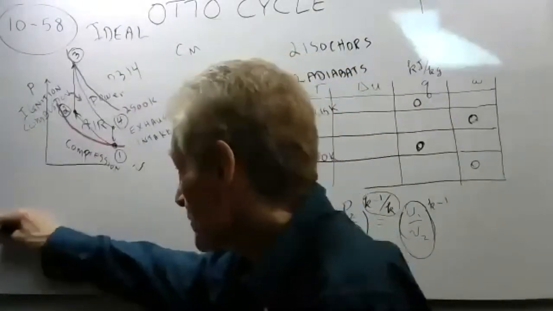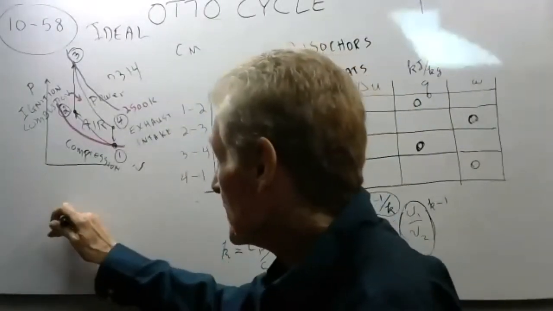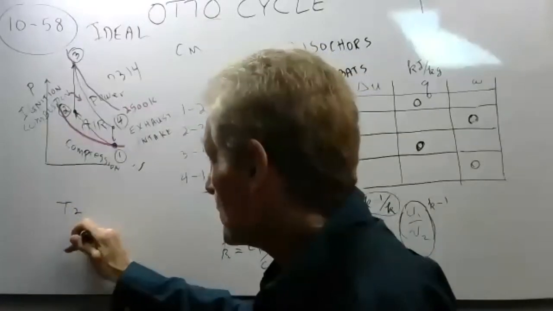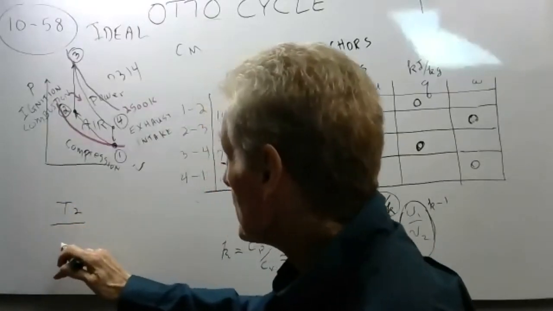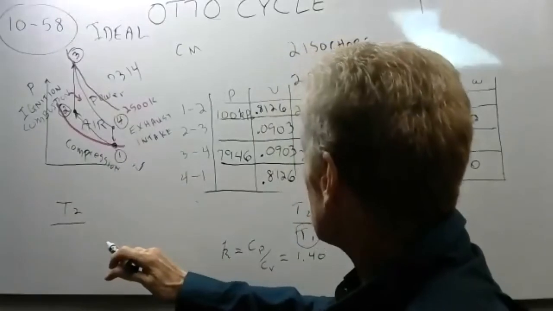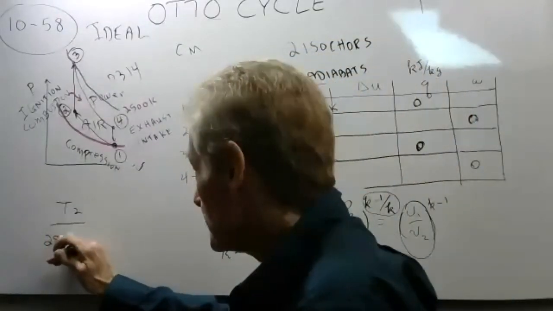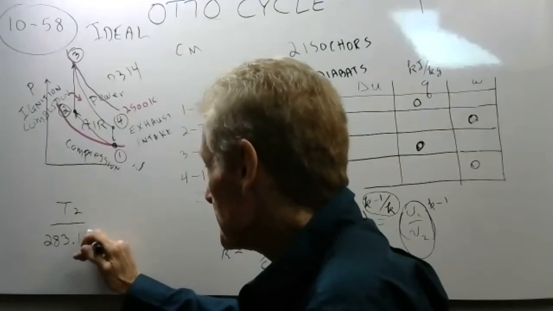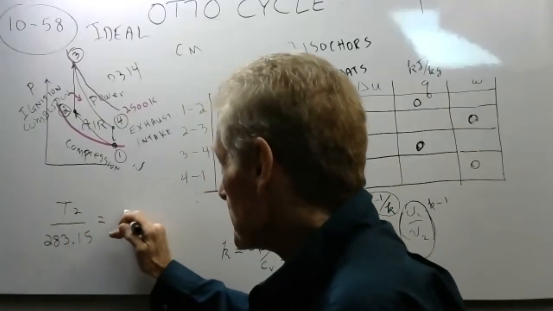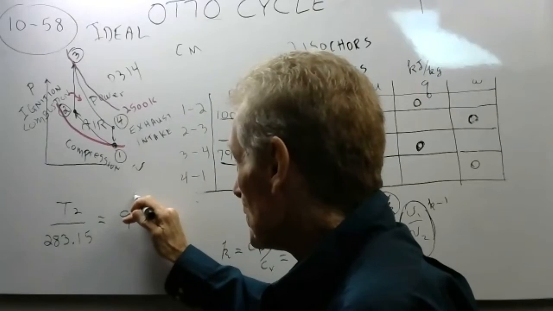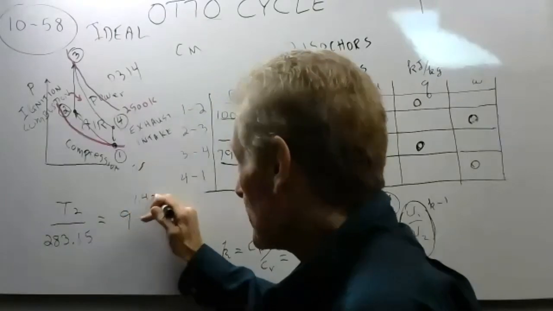Here's our equation. T2 over T1, 283.15, equals 9 to the 1.4 minus 1.